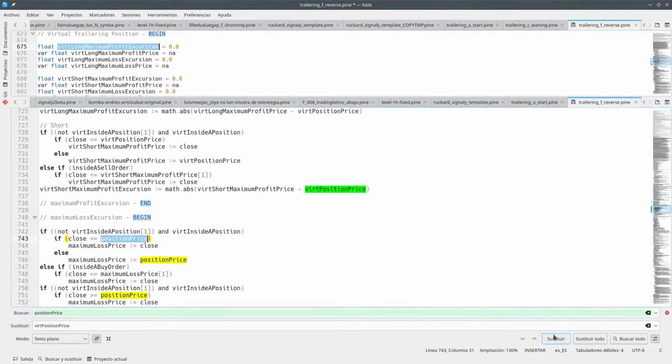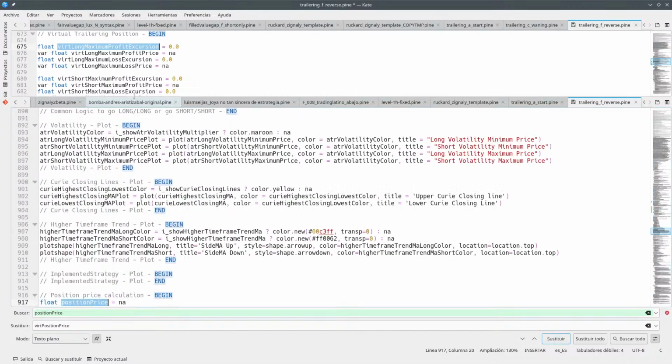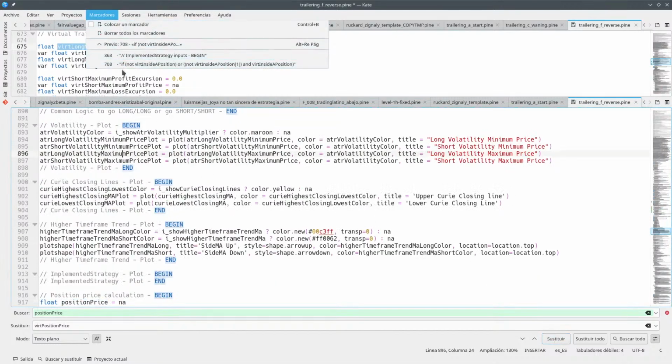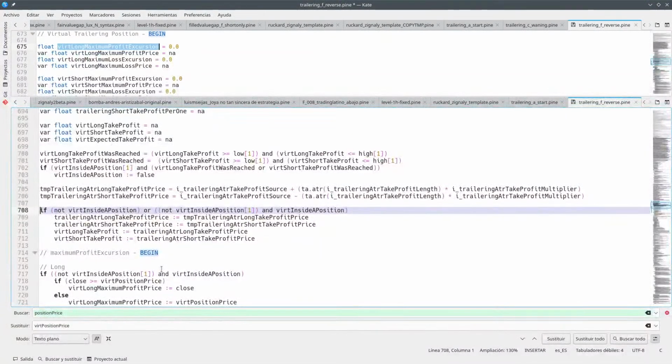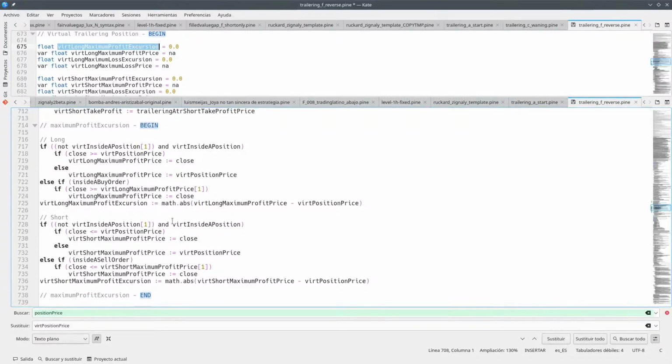And we are also going to replace this maximum loss excursion values here. So we are not inside the position, we do this, which is the maximum one, or if you are inside, then you do this.